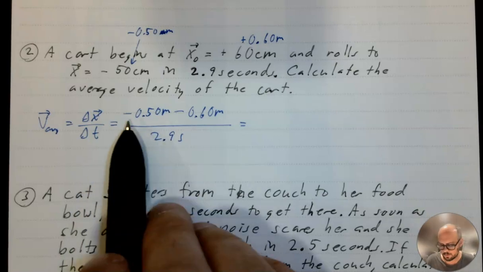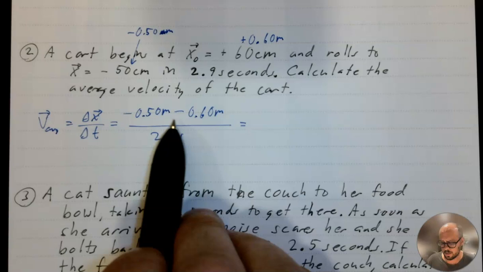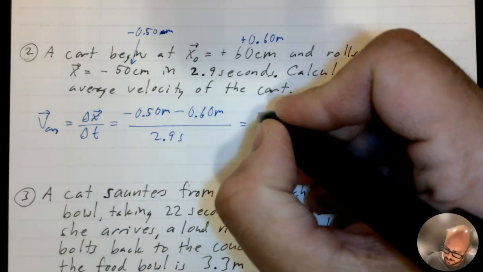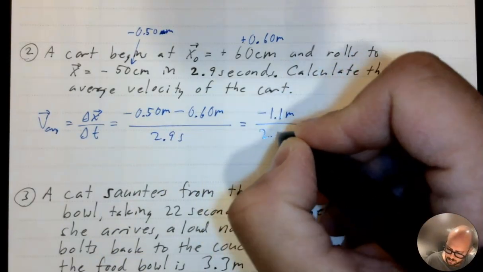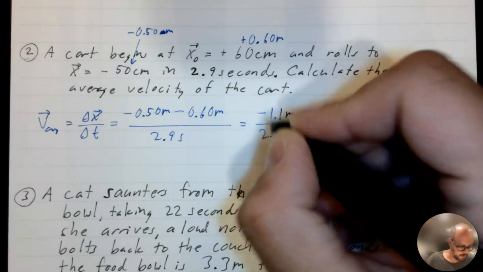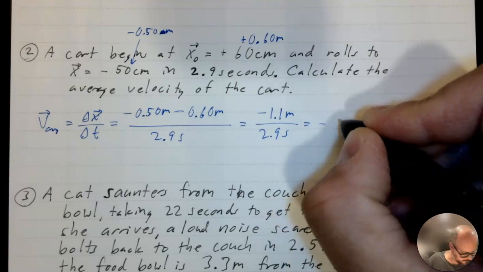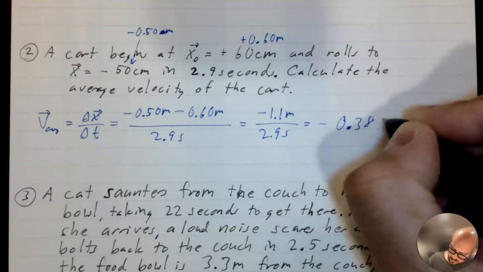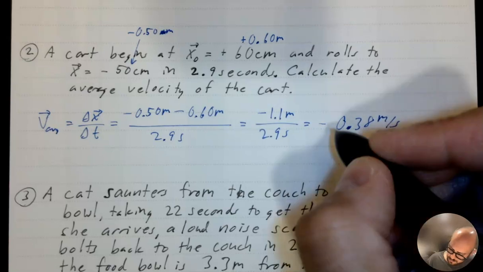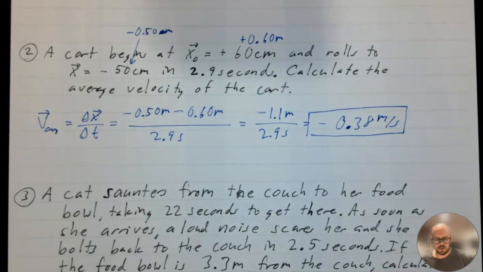Actually, I'm going to do it in 2 steps. Negative 0.5 minus 0.6 is negative 1.1 meters divided by 2.9 seconds. So when I calculate, I get negative 0.38 meters per second. And so this object was moving in the negative direction, and so the average velocity is negative.